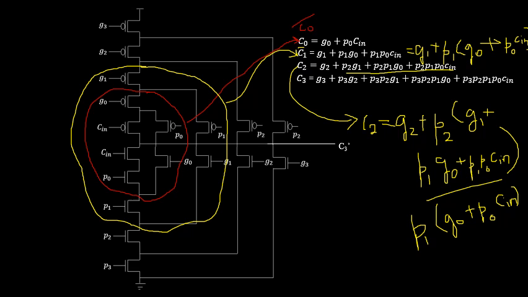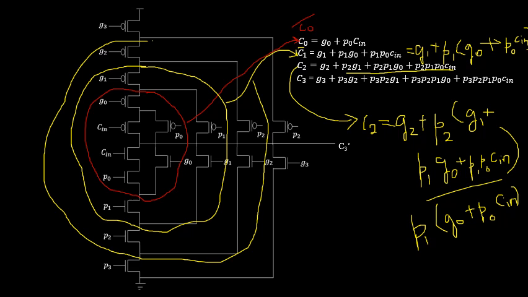This entire combination, comprising the P2 transistor, G2, all these transistors will give me the expression, or the output, of C2 complement. So this is the logic of how you are going to draw it, with pull up as PMOSFET as well as pull down as NMOSFET, for C2 complement.